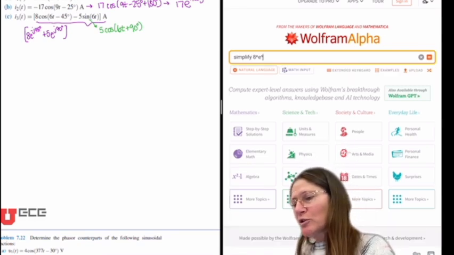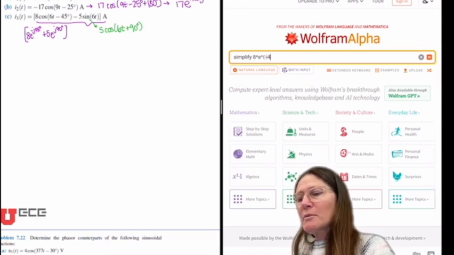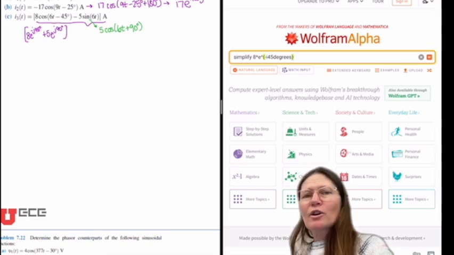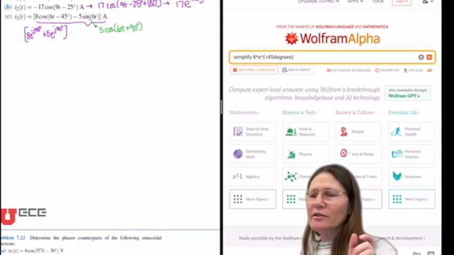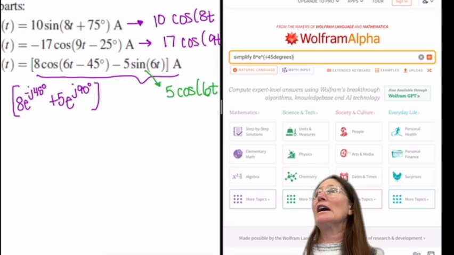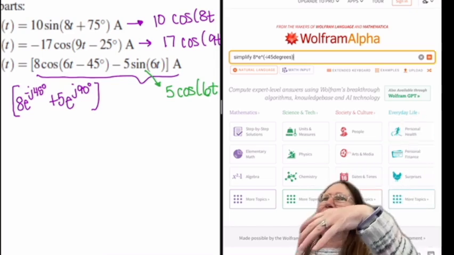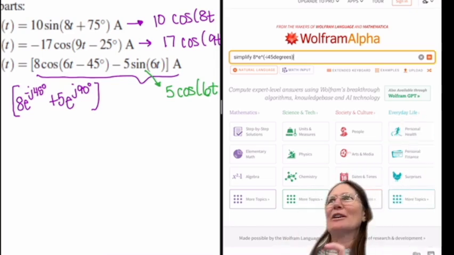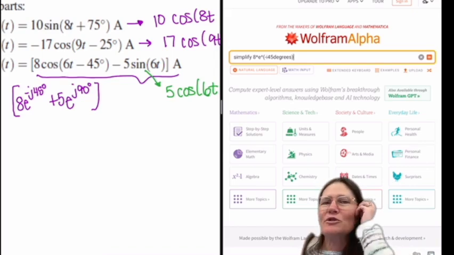Okay, so when you use Wolfram, you want to make sure that you are using i and not the j. Remember, we use j because we don't want to confuse it with the current i, but every tool that you're going to use uses i as that imaginary number. So you make sure you change that back.